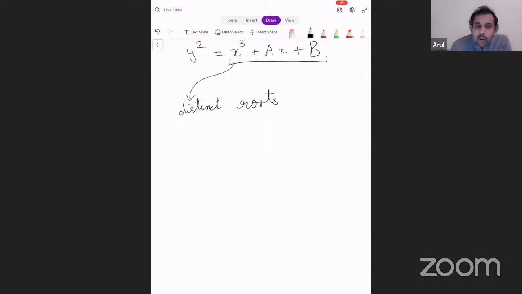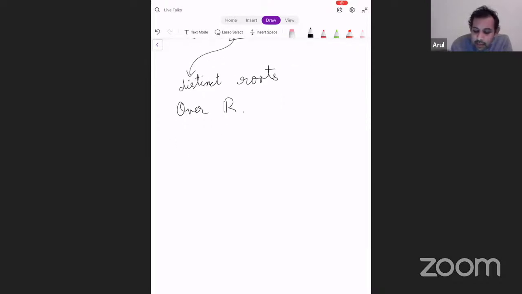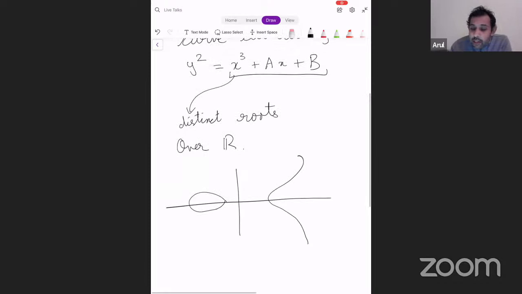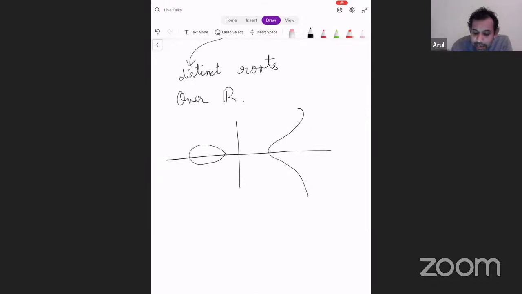Okay. One thing I want to say is that over R, we've probably seen examples of what elliptic curves look like, and they look something like this. One of the amazing things about elliptic curves is that because this is a cubic equation, if you draw any line, it's going to intersect the cubic at exactly 3 points.